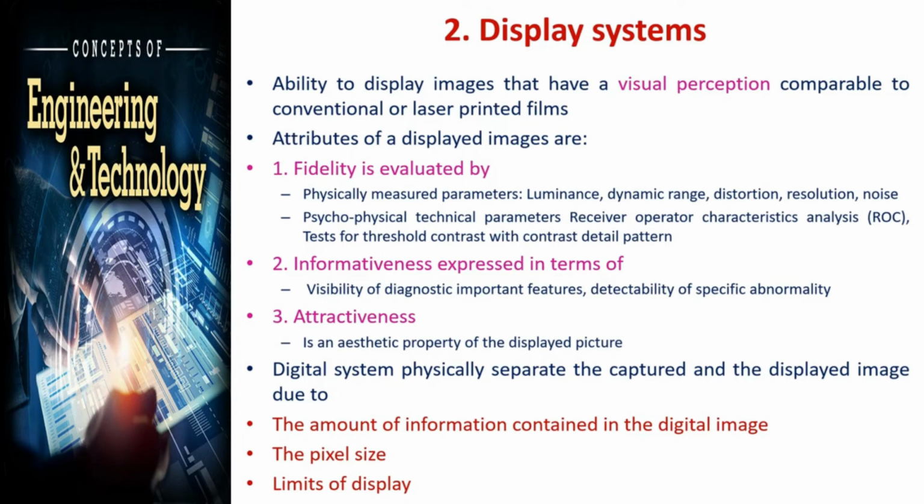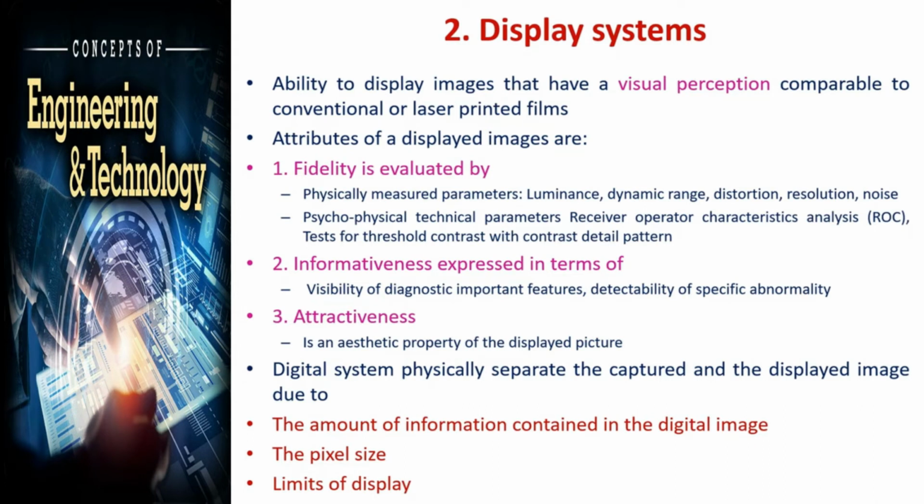When you're evaluating that, similarly we need to have informativeness at the required places, the area of interest. Say for example, you are taking the picture of a bone fracture or something. You need to look at the area of interest. That area of interest should be visible.